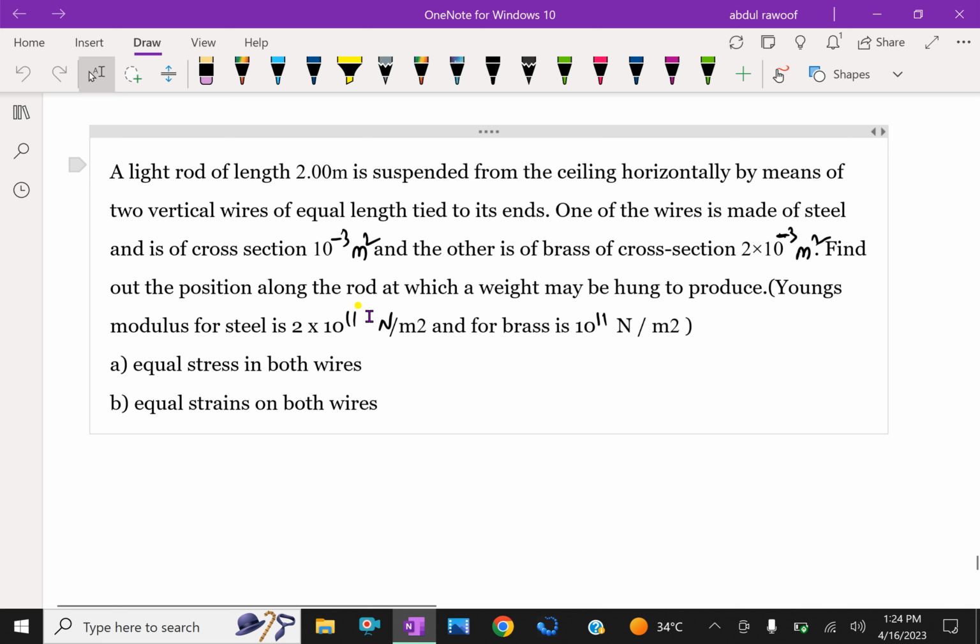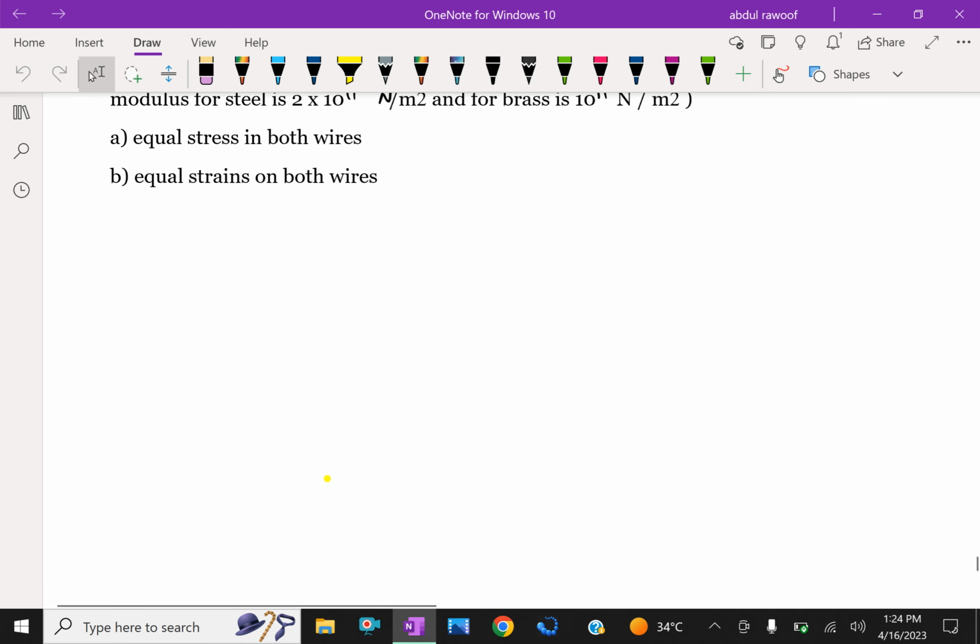Find out the position along the rod at which a weight may be hung to produce equal stress in both wires, and equal strain in both wires. Young's modulus of steel is 2 into 10 power 11 Newton per meter square, and for brass is 10 power 11 Newton per meter square.